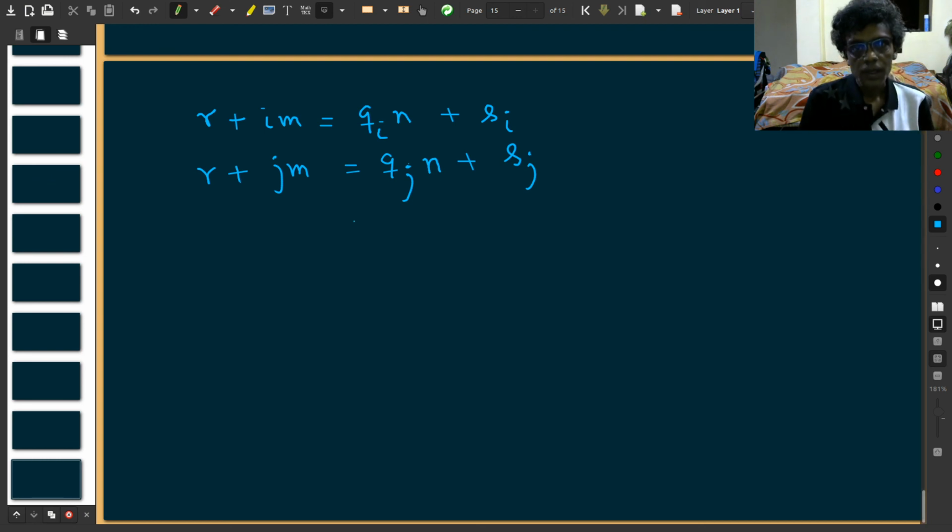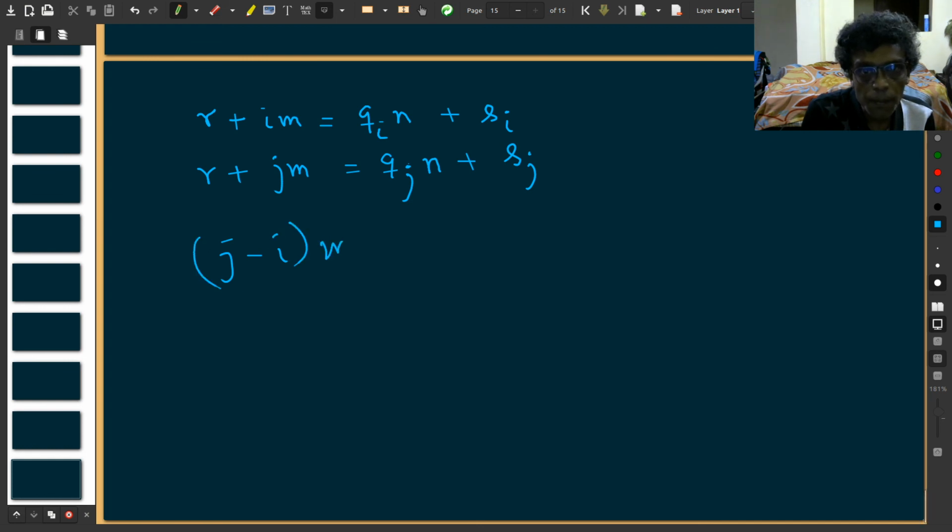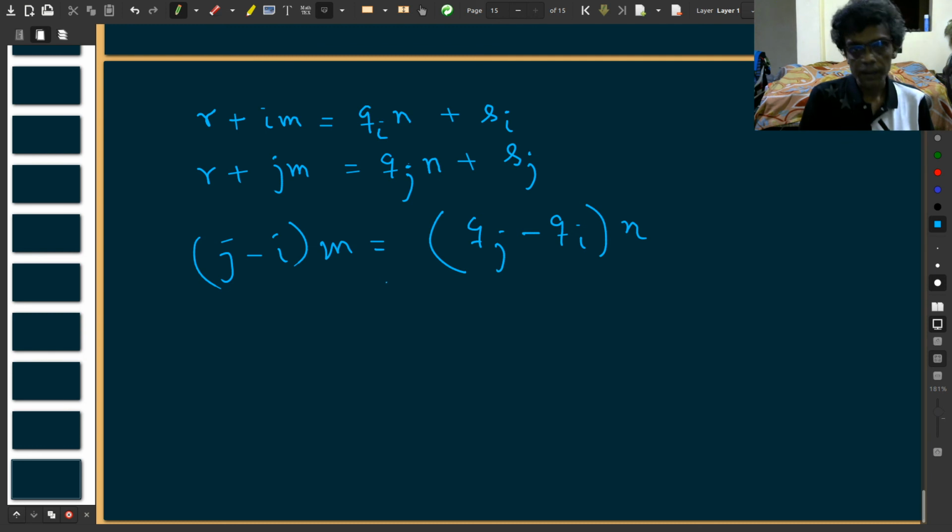Okay. Now, since Si is equal to Sj, if I subtract the first equation from the second, r cancels, likewise Si and Sj cancel. Then I get j minus i times m is equal to qj minus qi times n.